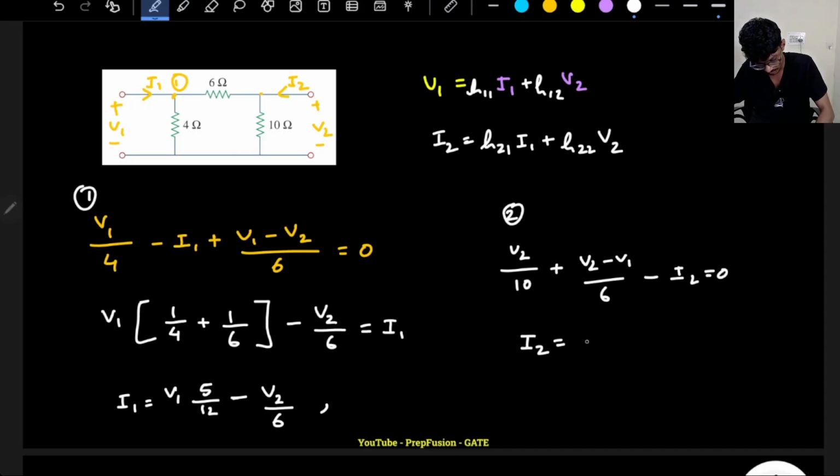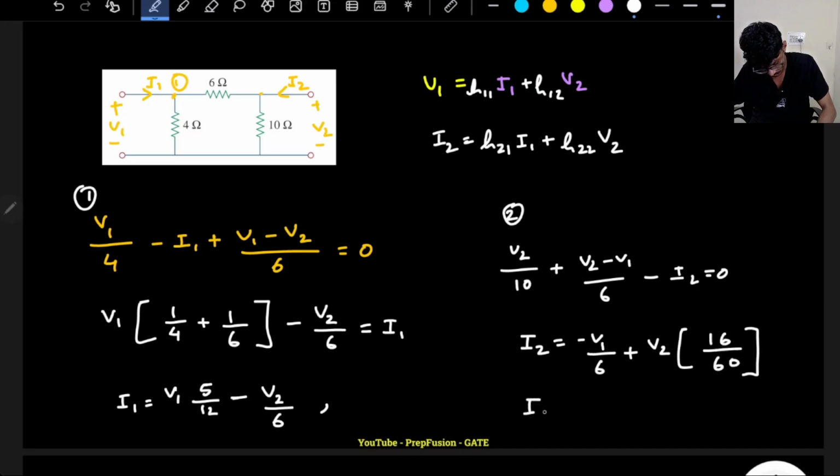So my I2 current is minus V1 divided by 6 plus V2 divided by 10 plus V2 by 6, so this will be 16 divided by 60.